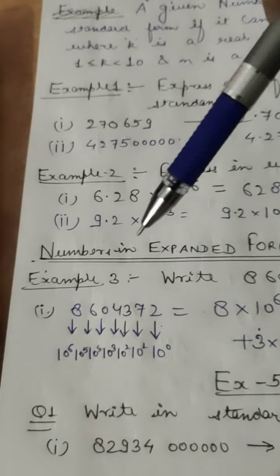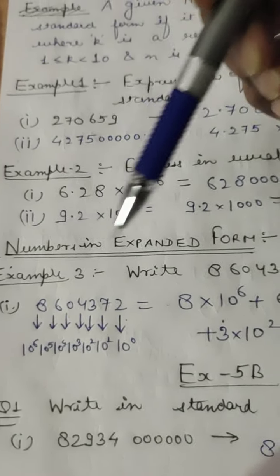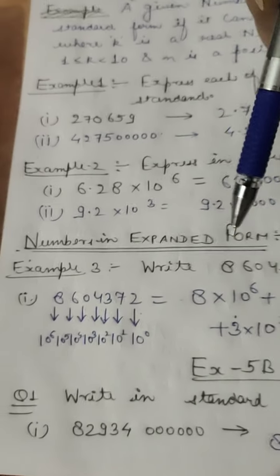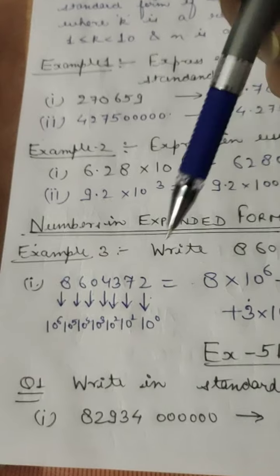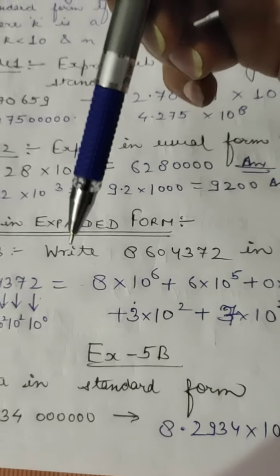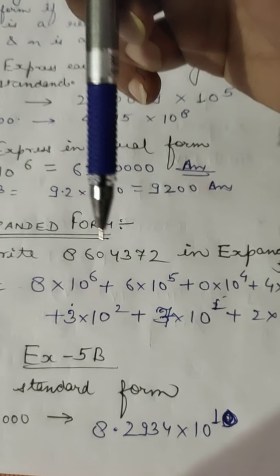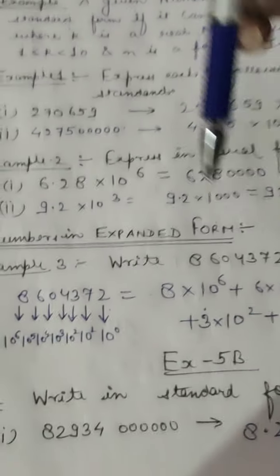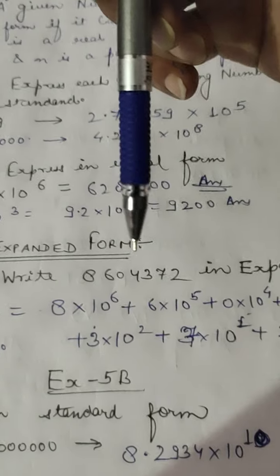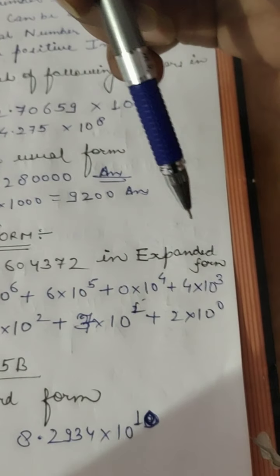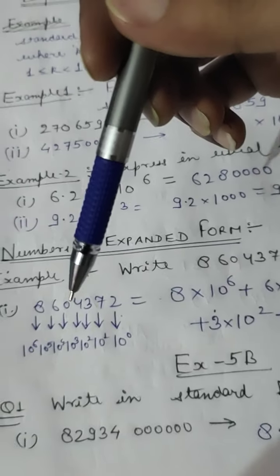Okay, next one is number in expanded form. Write this number, 86043 72, in expanded form. So how will you write it?